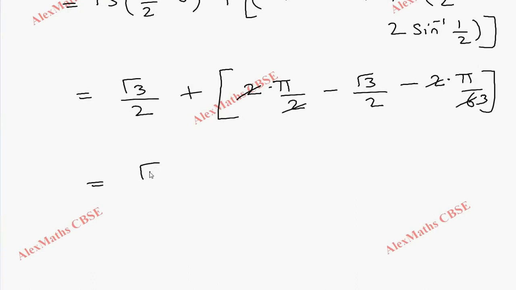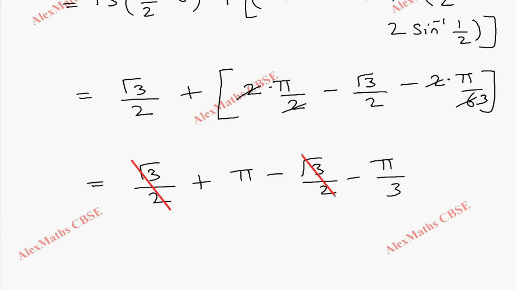Now totally this is root 3 by 2 plus pi minus root 3 by 2 minus pi by 3. So we can cancel root 3 by 2 minus root 3 by 2. Pi minus pi by 3, after taking LCM, we get 2 pi by 3. Since it is area, we have to say 2 pi by 3 square units.